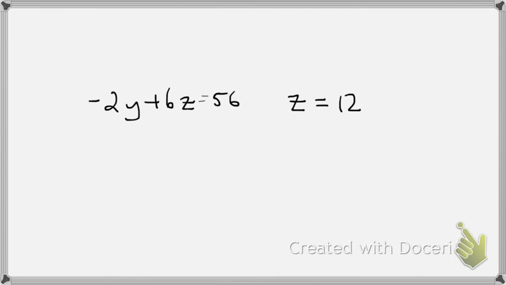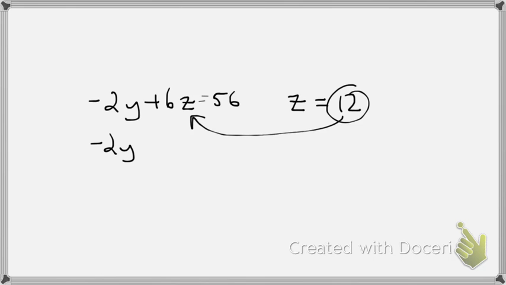So to finish this off, remember we have negative 2y plus 6z equal to 56, and remember I knew also that z was equal to 12. Why not substitute that 12 in for z and solve this so I can find y?